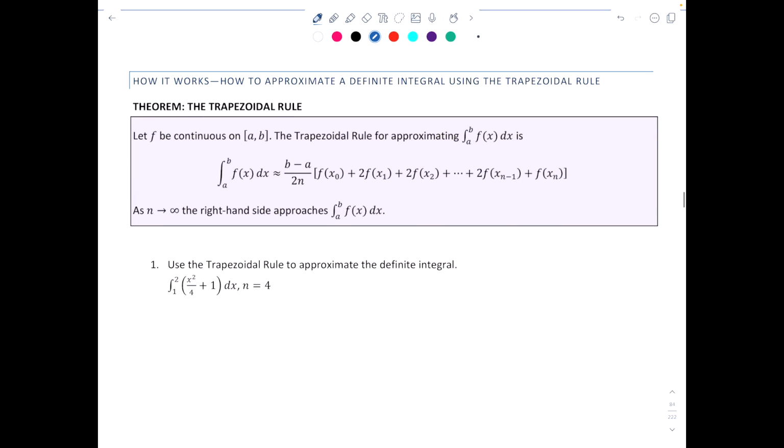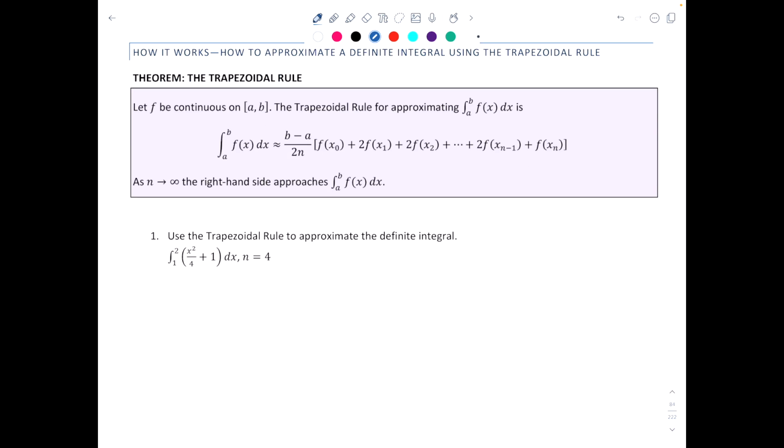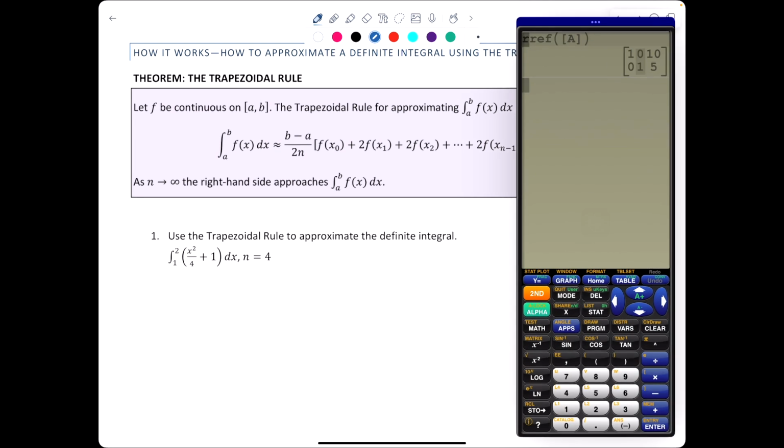All right, so I wrote the formula again for you. Use the trapezoidal rule to approximate the definite integral. So here we go. For the first one, we want to use the trapezoidal rule to approximate the definite integral. So let's pull out our technology to make it easier.